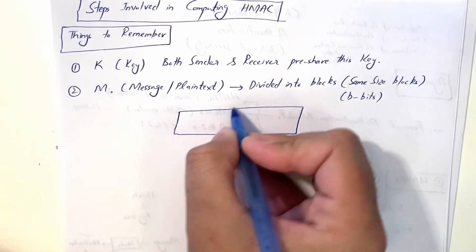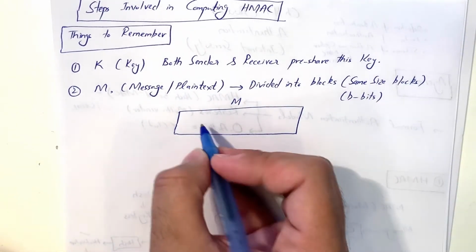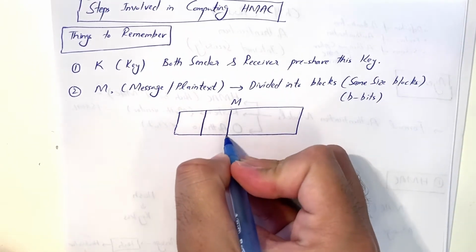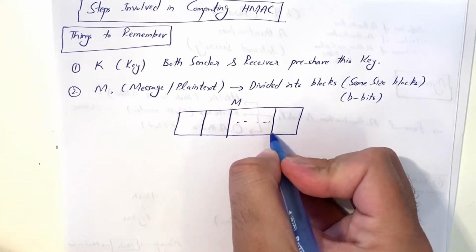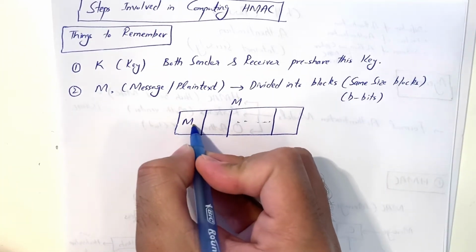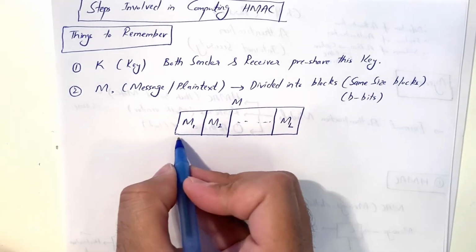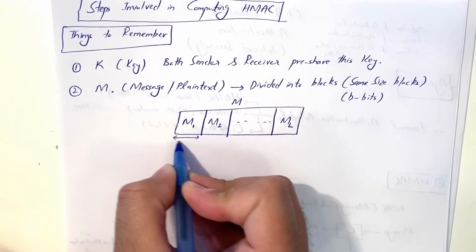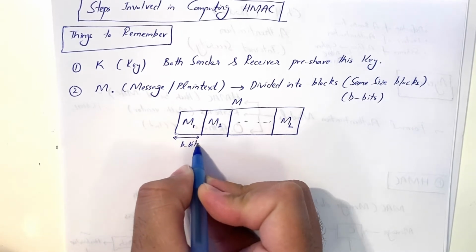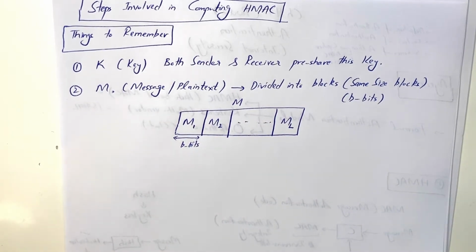So this is your whole plain text message, which is divided into a number of blocks. Let's say L number of blocks. So let's start with M1, M2, M3, M4, and all the way to ML. And the size of each block is B bits. I mean, B bits could be 8 bit, 10 bit, 20 bit, or whatever you define, depending upon your algorithms and your hardware, in fact.